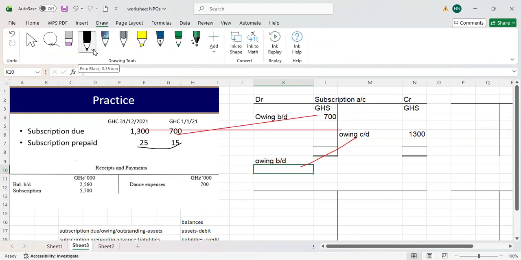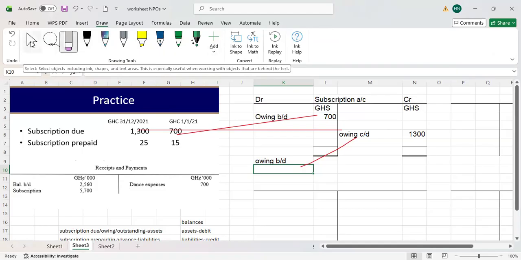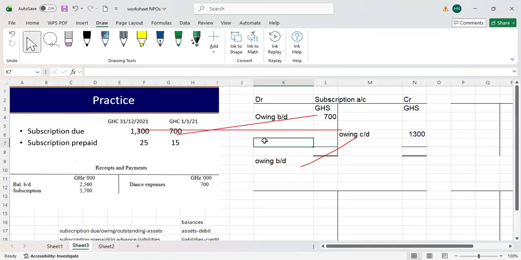All right. Just a minute. Let me clean this, and then we can move on.